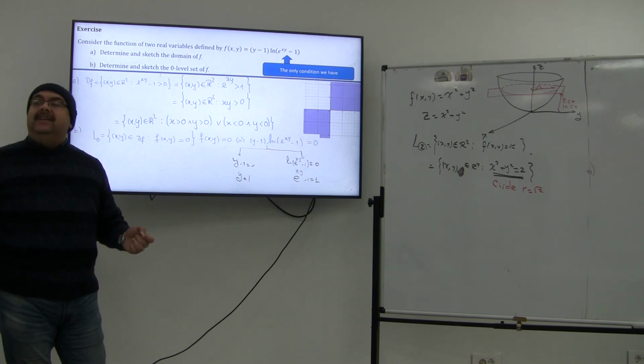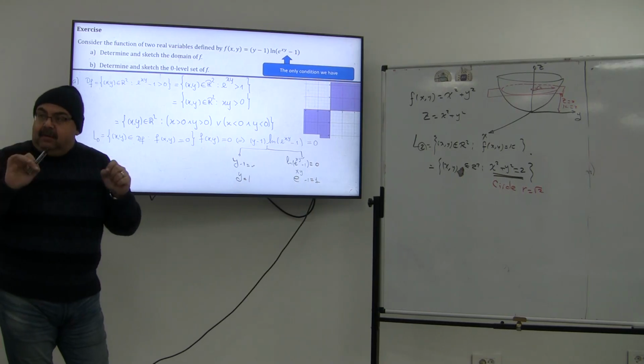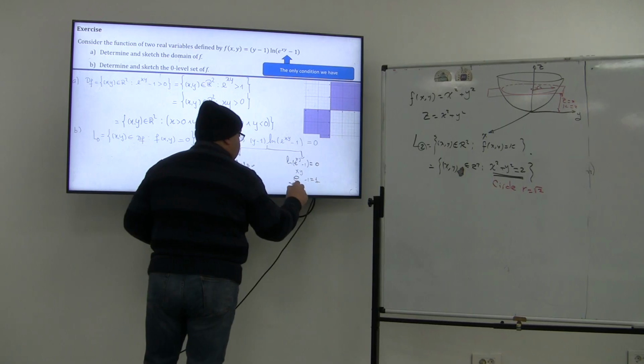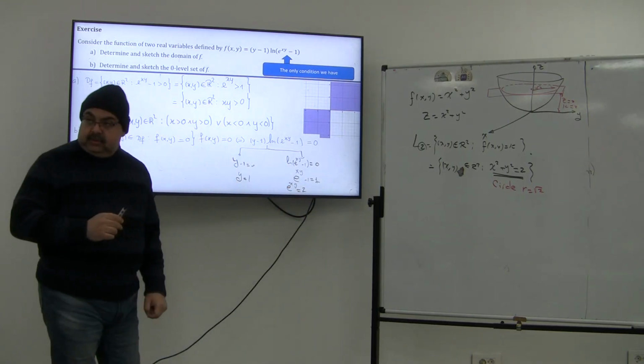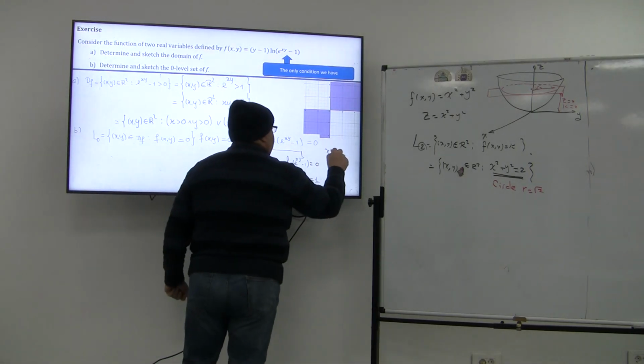Because ln is going to equal 0 if the argument is equal to 1. This will lead to e^(xy) is equal to 2. Okay? And this will mean that x times y is equal to ln 2.